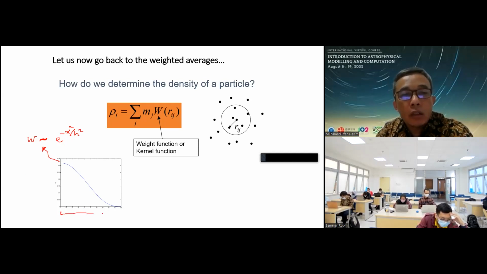And of course, this is the smoothing length h.